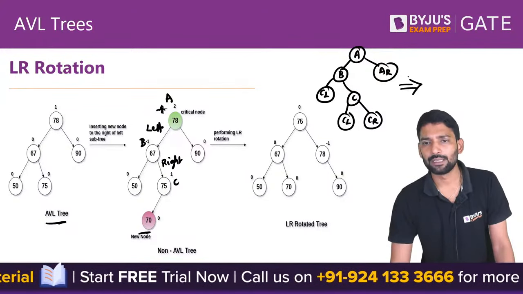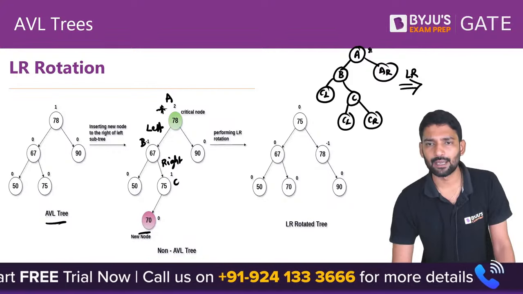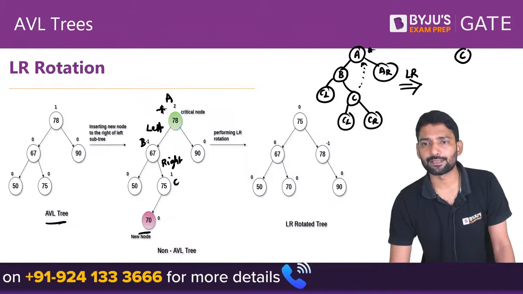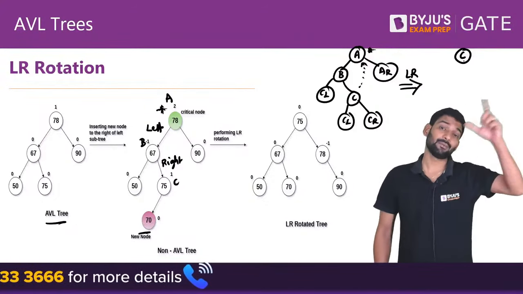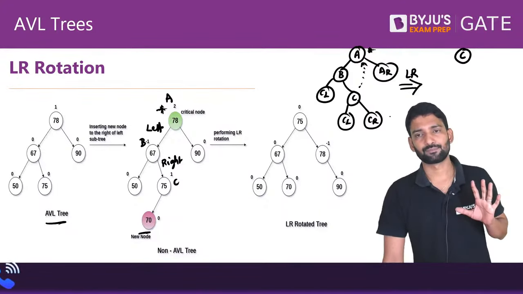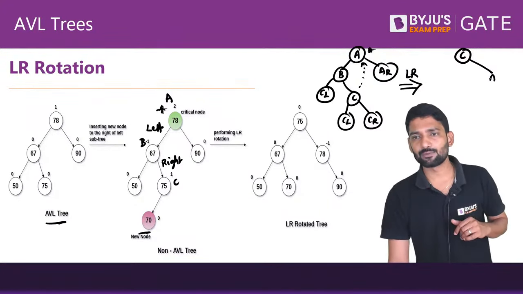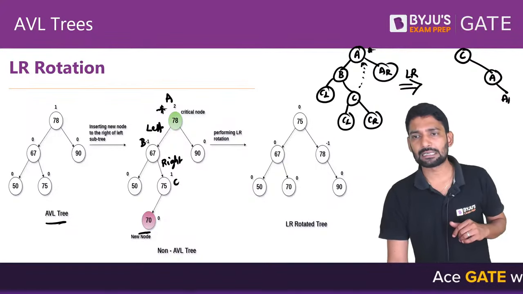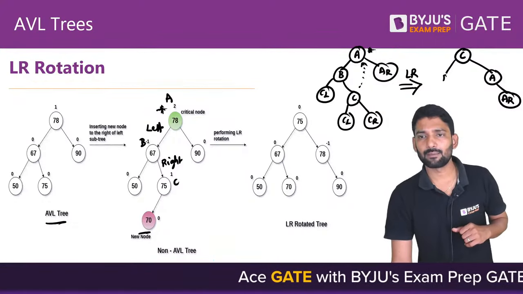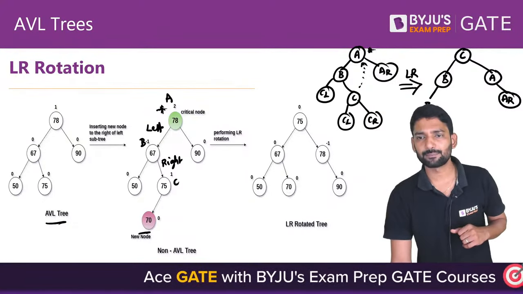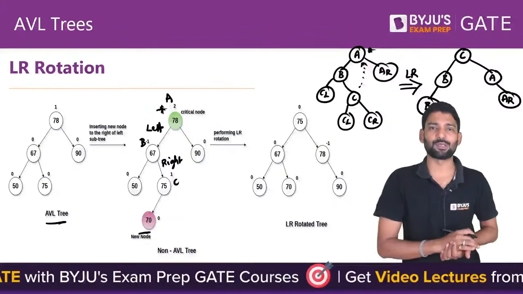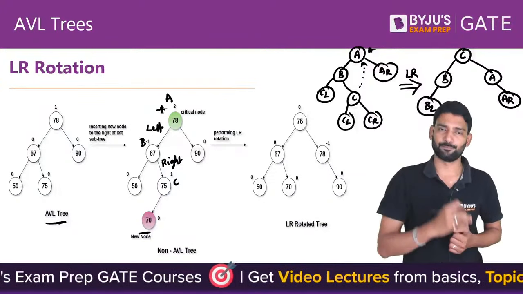Whenever you do LR rotation at A, C becomes parent, C becomes root, not B. And A right will be C's right child. B left has no impact, means B and C, we have swapped actually. In the A place C has gone.